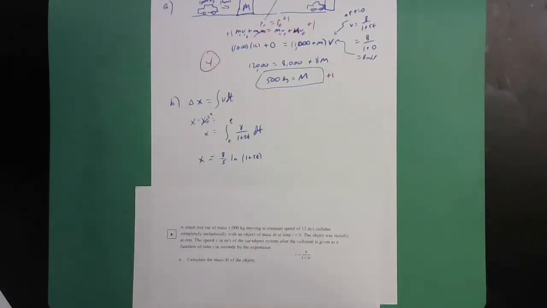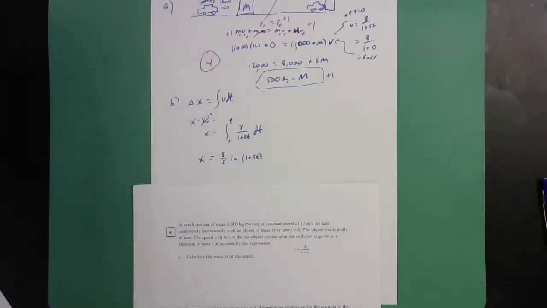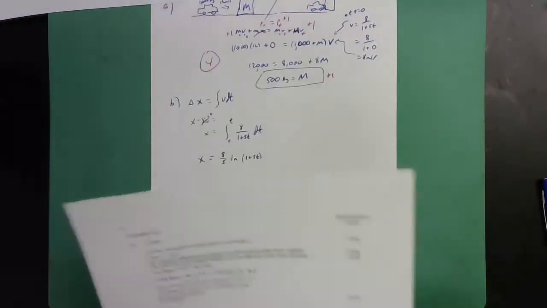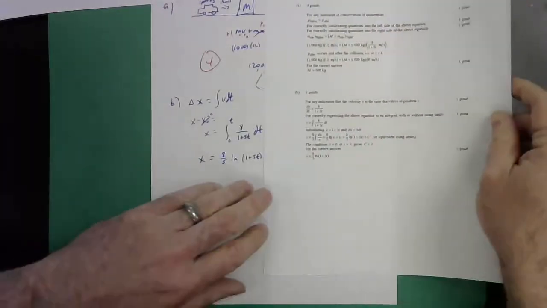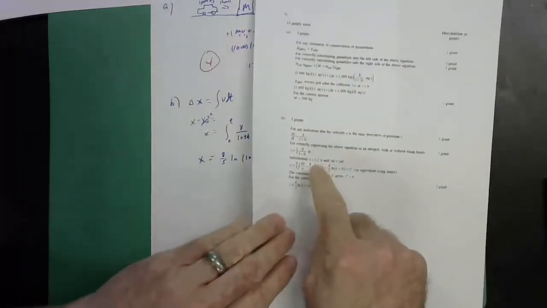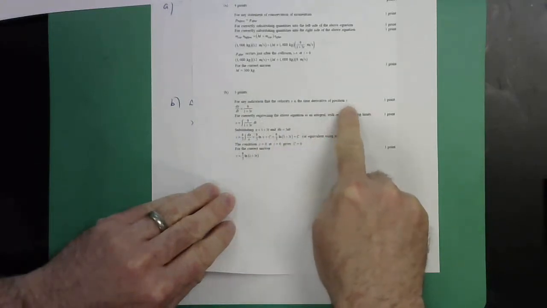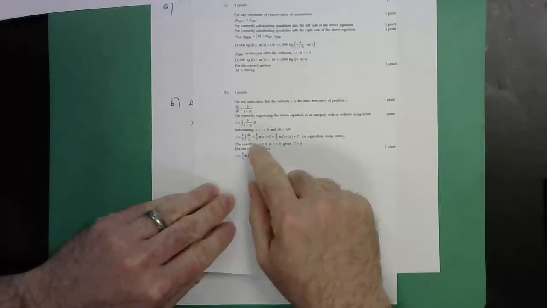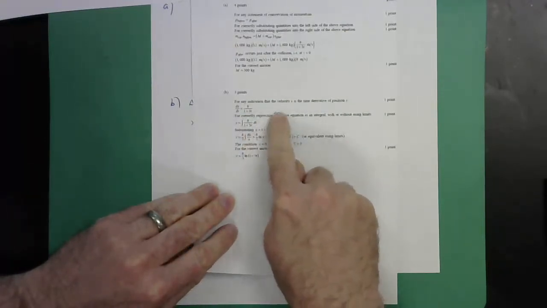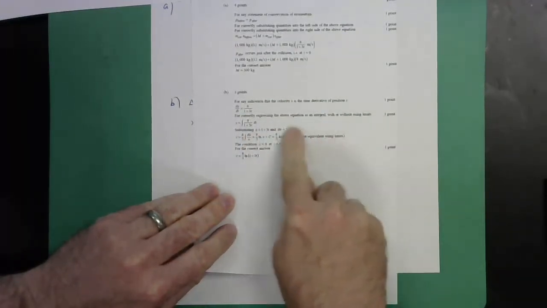All right, let's check against the AP scoring guide, shall we? Good grief. It's calculus-rific. All right, here we go. They say, first, any indication the velocity is the time derivative of position. dx dt is this. Again, correctly expressing this above as an integral. I would like to think that if you went right to this, you're showing that you understand.